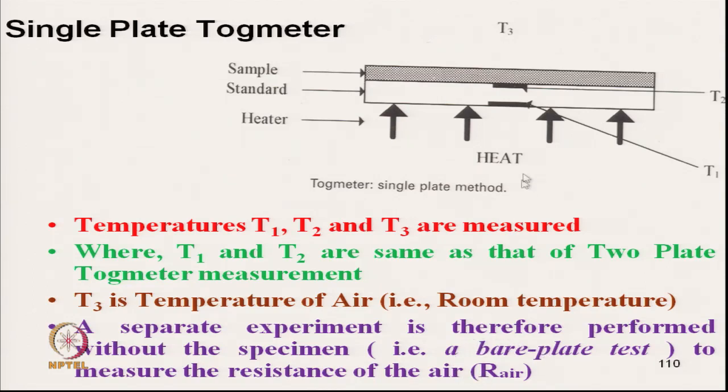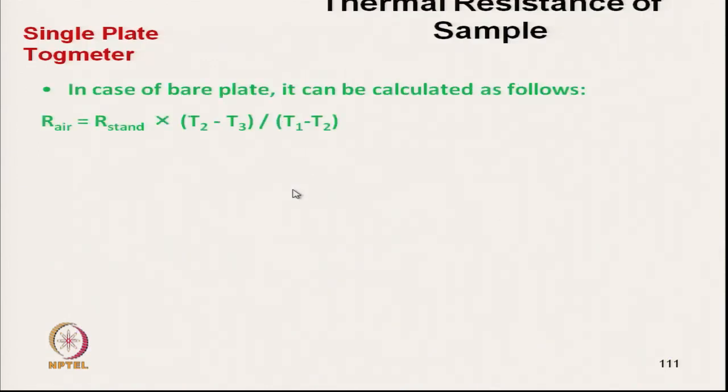Whatever value we get with the sample, if we subtract the R air value, we will get the exact value of the fabric insulation. So, in the case of the bare plate, it can be calculated as follows.